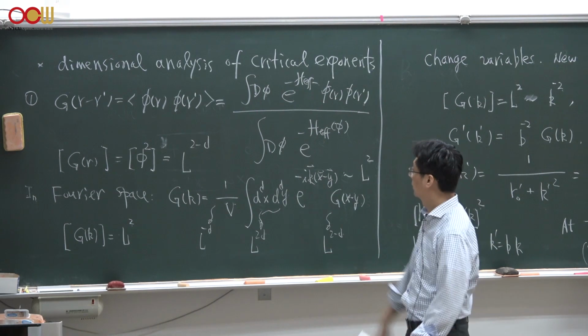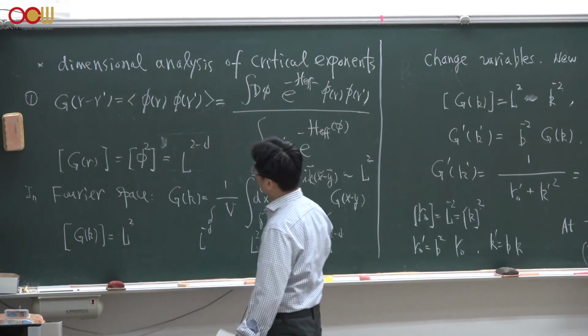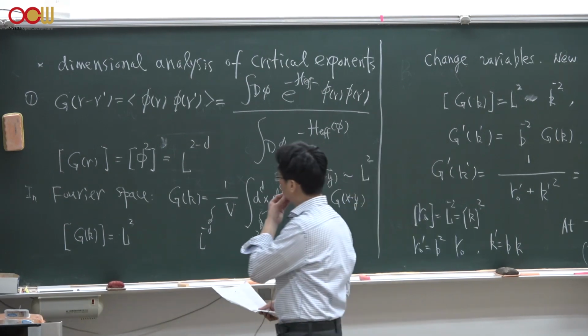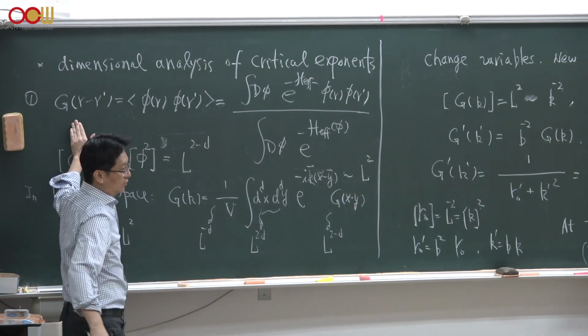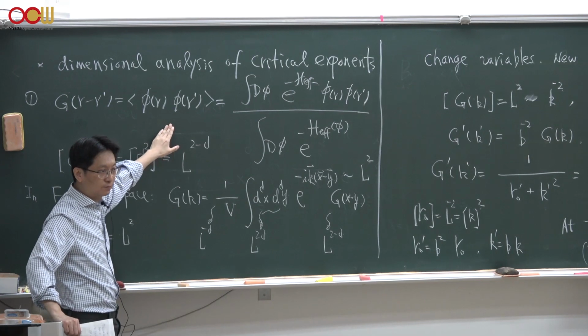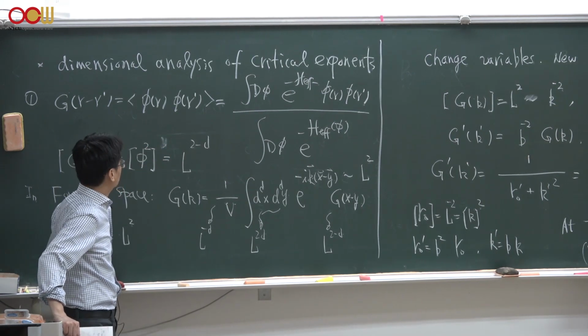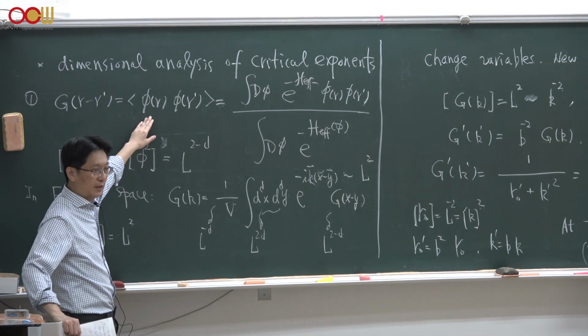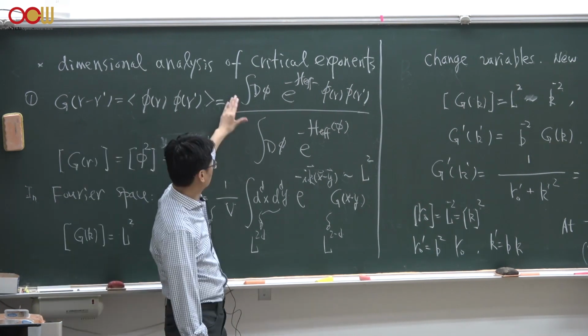Okay, so first let's remind ourselves of the definition of the correlation function g between two spatial locations r and r prime. This is the phi-phi correlator, where phi is the order parameter in the Landau theory. From standard statistical mechanics, we know that this is given by a ratio.